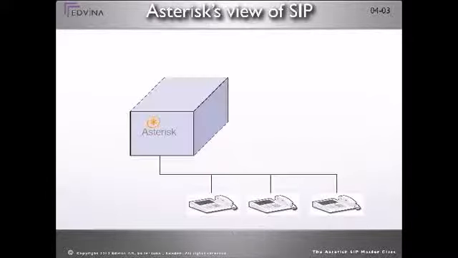Now, when I started working with Asterisk, this was the view of SIP in the Asterisk source code. Oh, the center of the world is Asterisk, and we have a couple of phones on the local LAN, and we have something else going out. And sadly enough, with many recent patches in the 1.6.1.8 branch, it's still the view of the world.